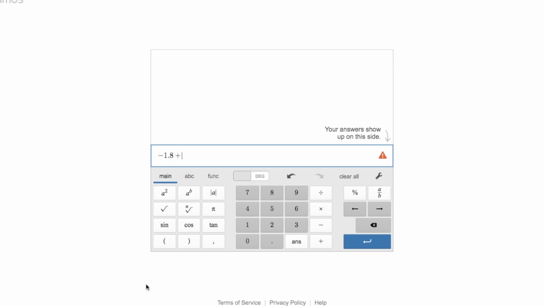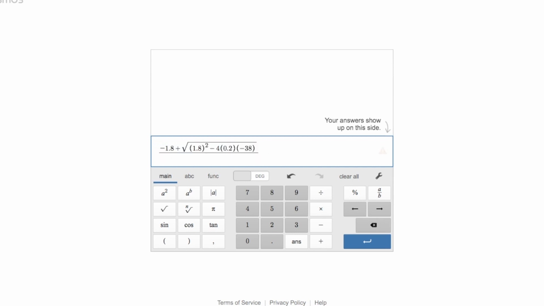So plus, and then the square root of quantity 1.8 squared minus 4 times 0.2 times negative 38. And then this is all over, so I'll just highlight this all, hit divided by, and then 2 times 0.2. All right, so all this mess, we get a clean answer of 10.